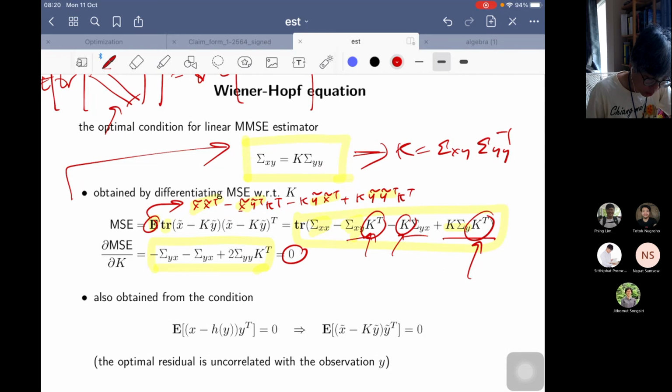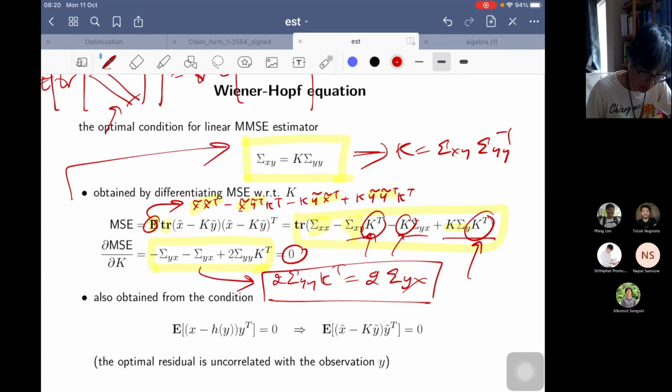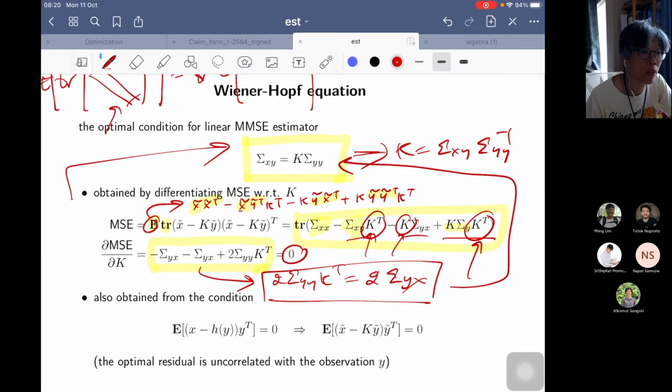Then you're gonna have this equation, and when you express it again, it is the same as what is given in the yellow box. Transpose the whole thing. That is the famous Wiener-Hopf equation.